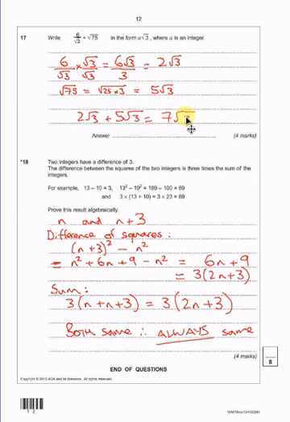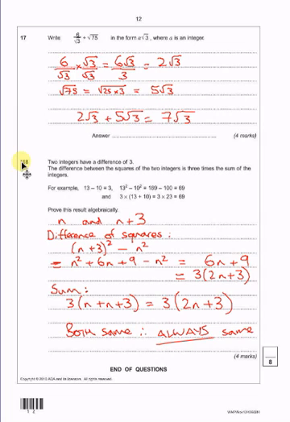Now question 18. Question 18 is a question to almost think outside the box, but it's very logical. If you just follow it logically and work it out algebraically and do everything that it asks you to do, for these types of questions you can't go wrong if you just play with the algebra correctly.